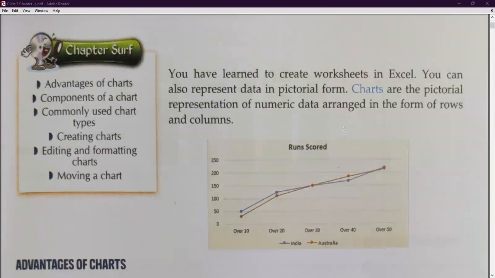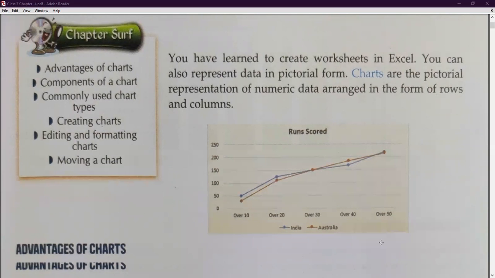As you can see on your screen, a line chart is given, in which you can see over 10, over 20, over 30, over 40 and over 50. You might also see bar graphs, column graphs and line charts in cricket matches, in which strike rate, run rate, runs scored by a batsman and wickets taken by a bowler can be represented in chart form.